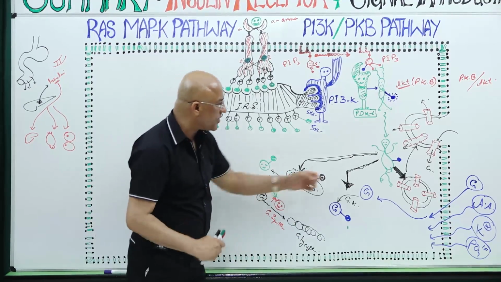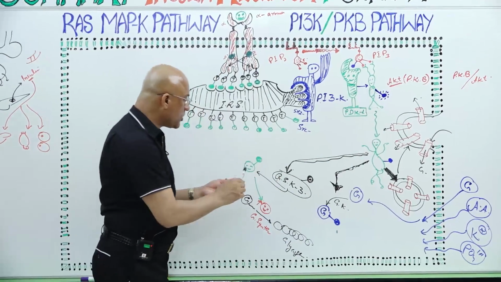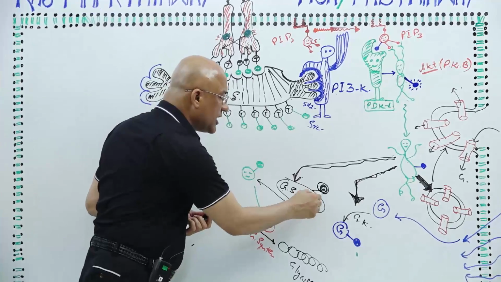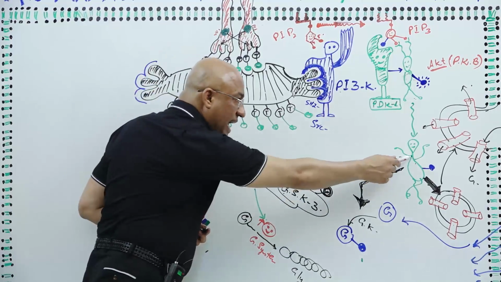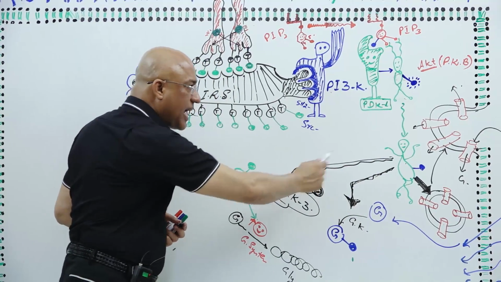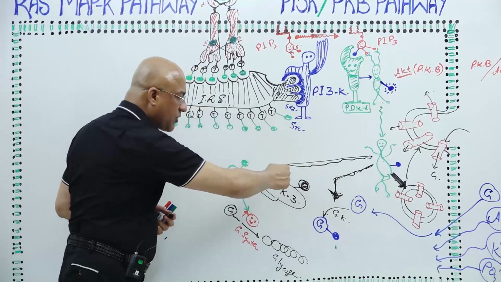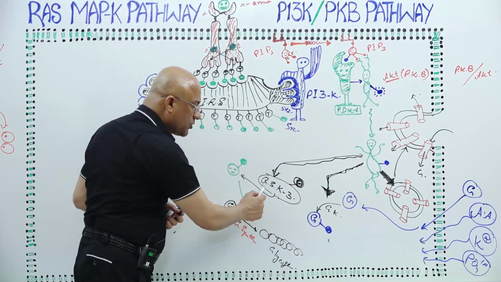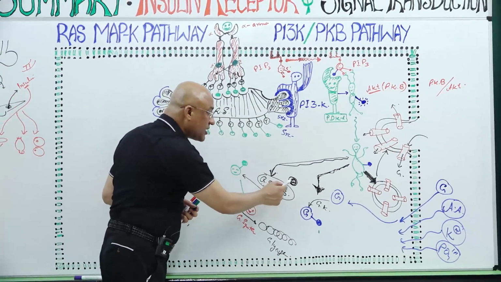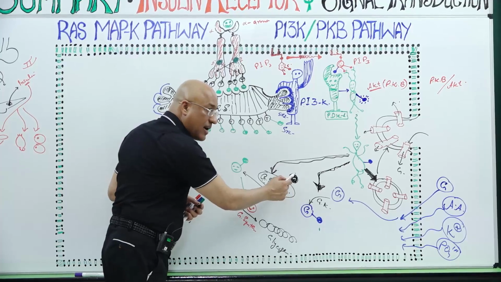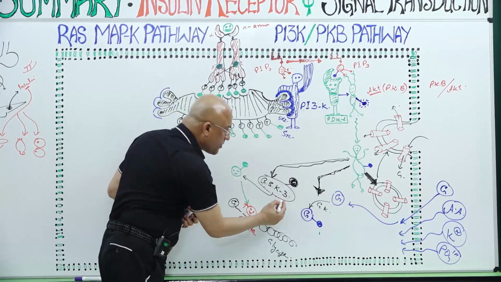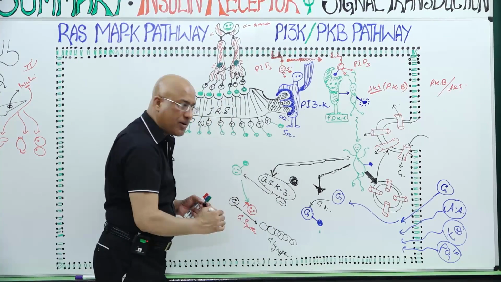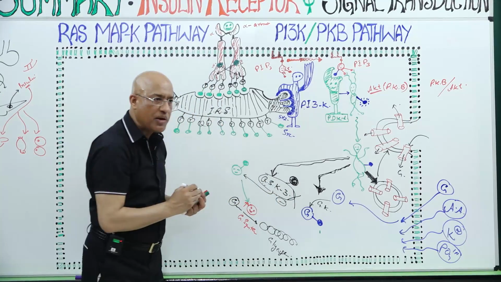So what really happens? Akt, or protein kinase B, when phosphorylated, leads to phosphorylation of GSK3. And when GSK3 is phosphorylated, it becomes inactive, inhibited, disabled.